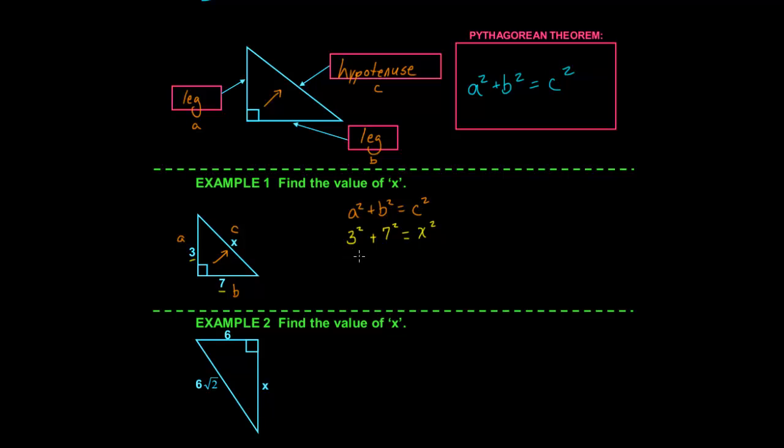Alright, 3 squared will give you 9, plus 7 squared, 49, is equal to some other number squared. 9 plus 49 is going to give you 58 equals x squared. The next thing we're going to do is take the square root of both sides.